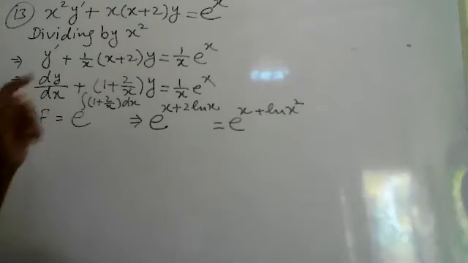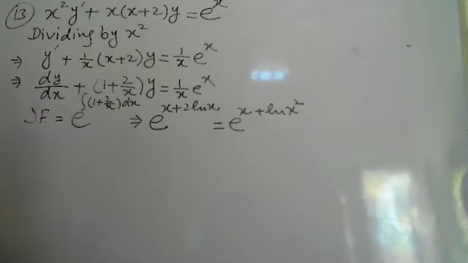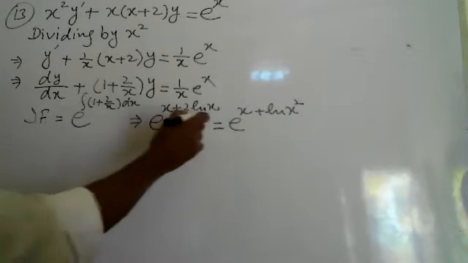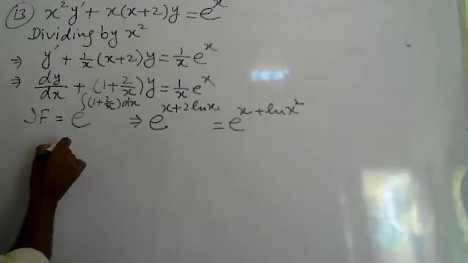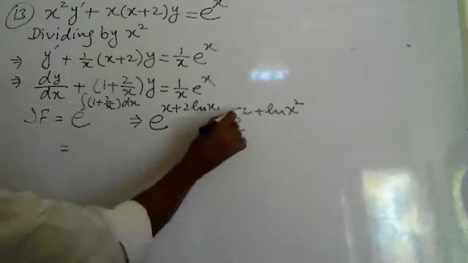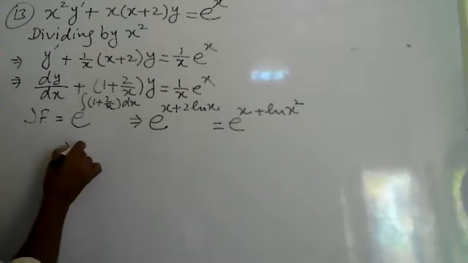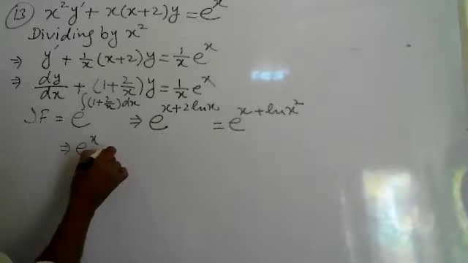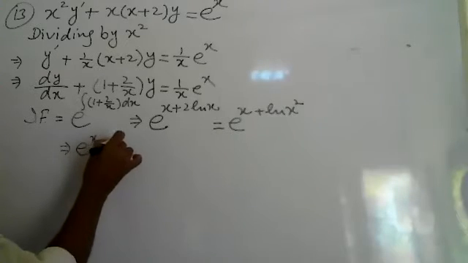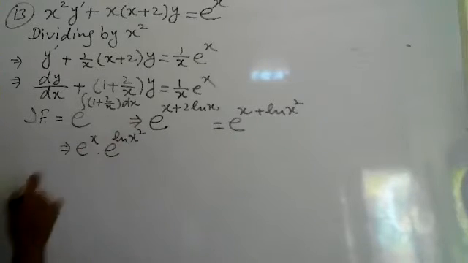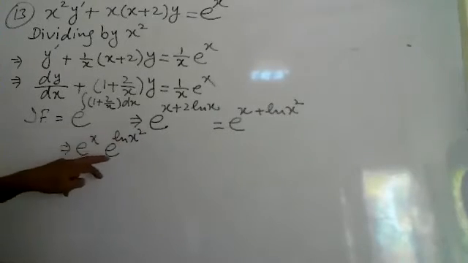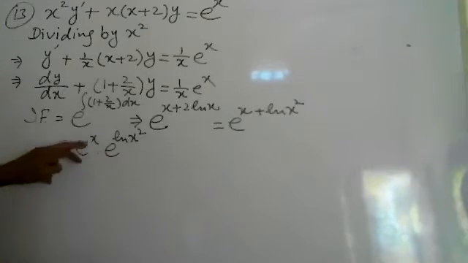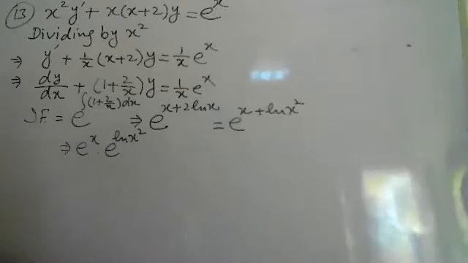Now the 2 powers are being added. It means the 2 factors of e raised to power are being multiplied. It means it is e raised to power x into e raised to power ln x square. When the 2 powers with the same base are being added, the 2 numbers are being multiplied.